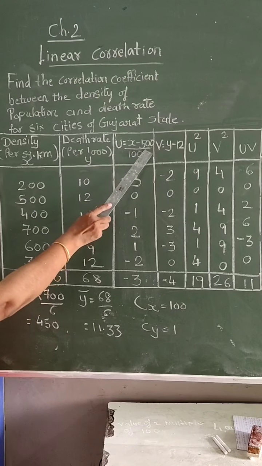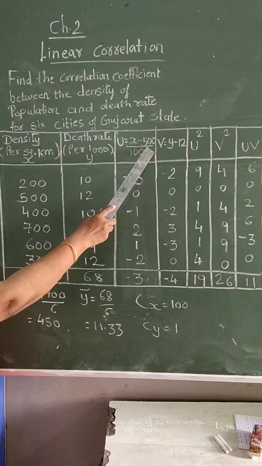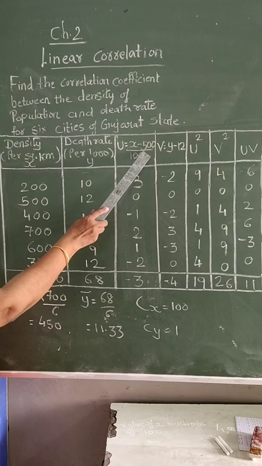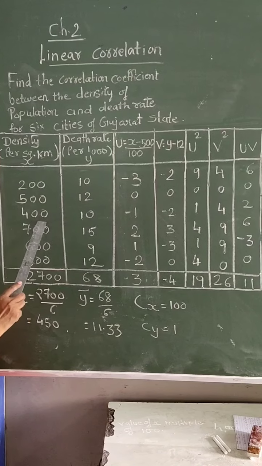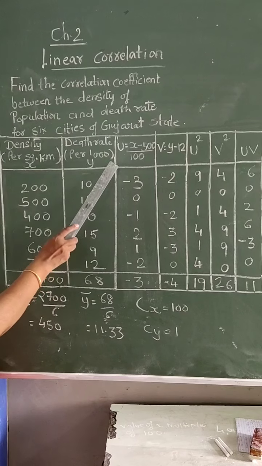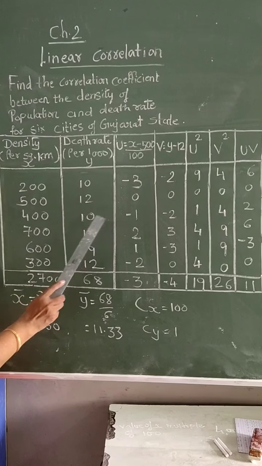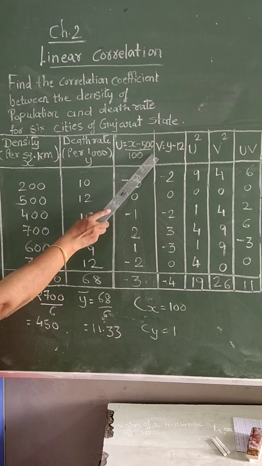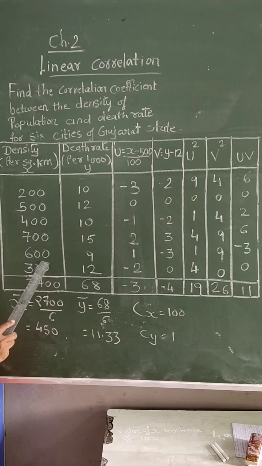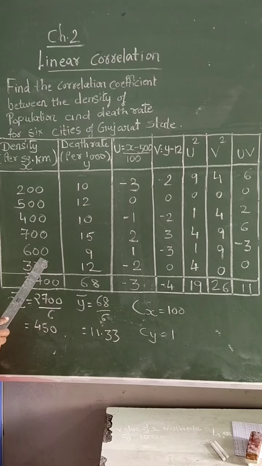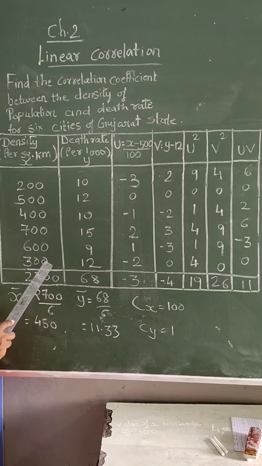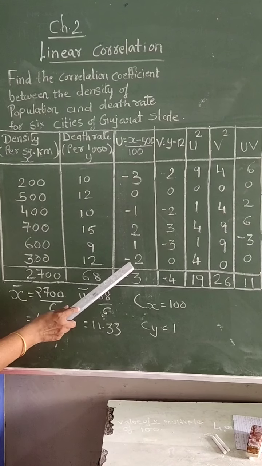So 200 minus 500, minus 300 divided by 100, minus 3. 500 minus 500, 0. 400 minus 500, it comes to minus 100, divide by 100, minus 1. 700 minus 500, 200, divide by 100, 2. 600 minus 500, 100, divide by 100, 1. 300 minus 500 divided by 100, minus 2.